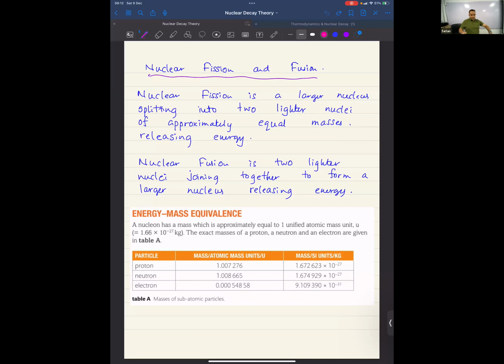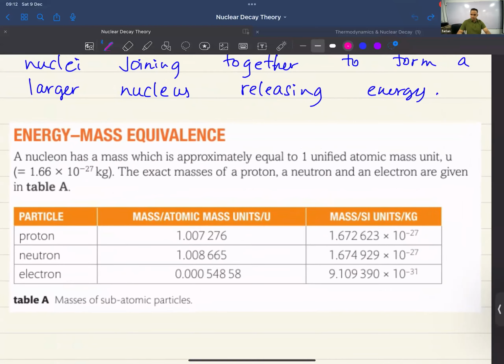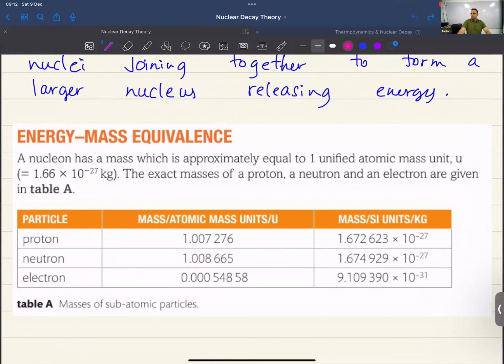The exact masses of a proton, a neutron, and an electron are given in table A. So guys, these are the actual masses of the subatomic particles, proton, neutron, and electron.